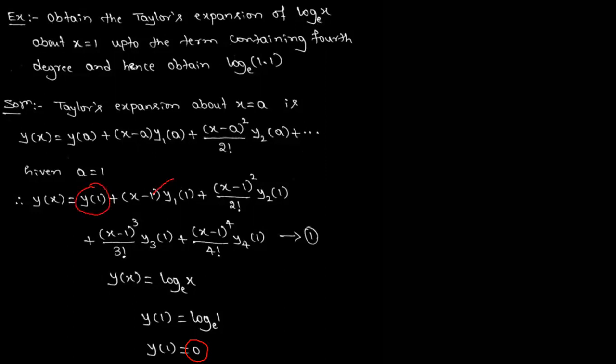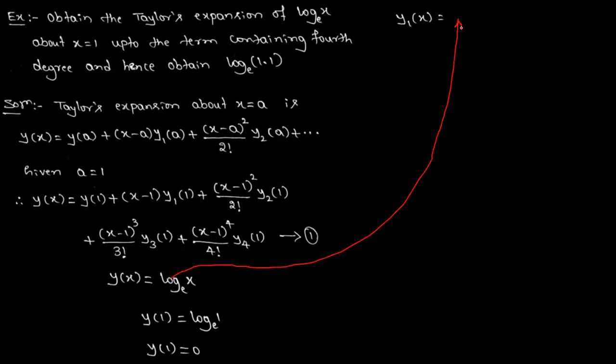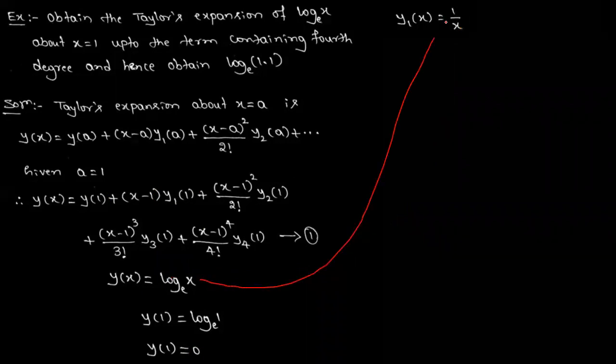Now let us differentiate y and find what is y1 first. We have to differentiate y now to get y1. So y1 of x is equal to differentiation of log x. We all know the differentiation of log x is 1 by x. This is our y1 of x.